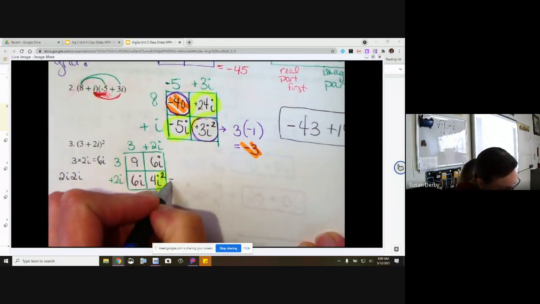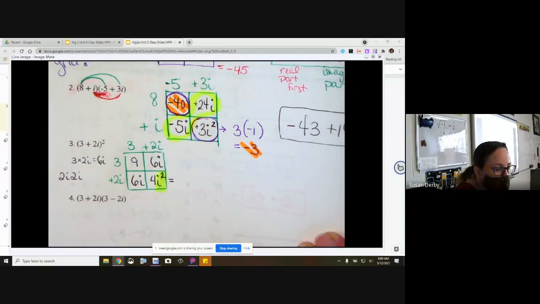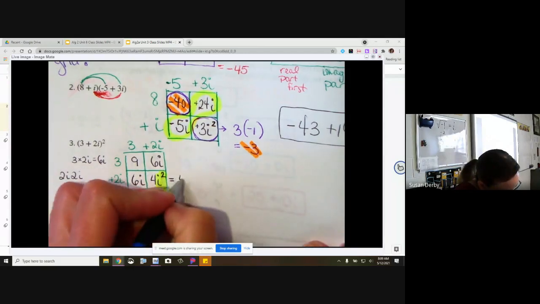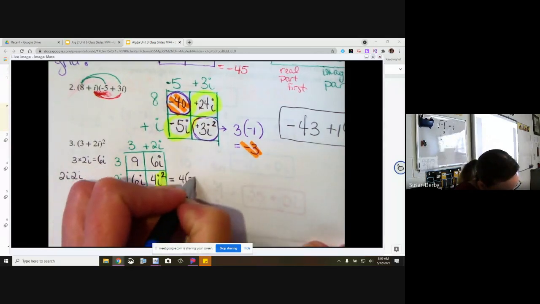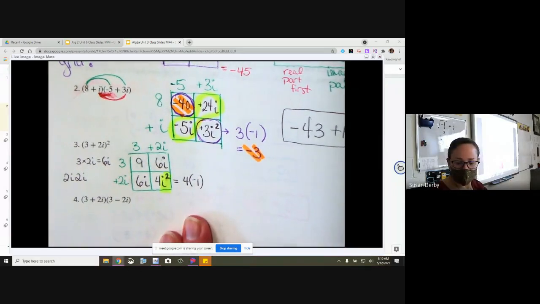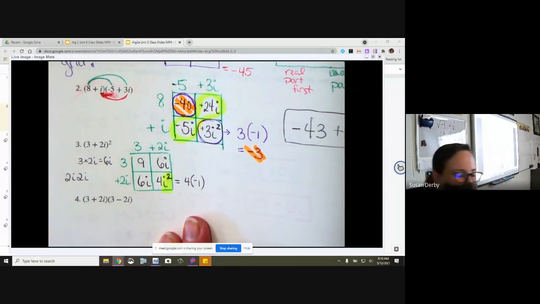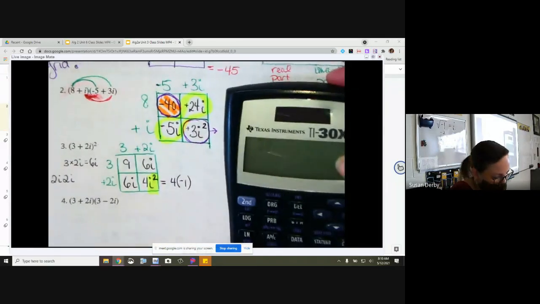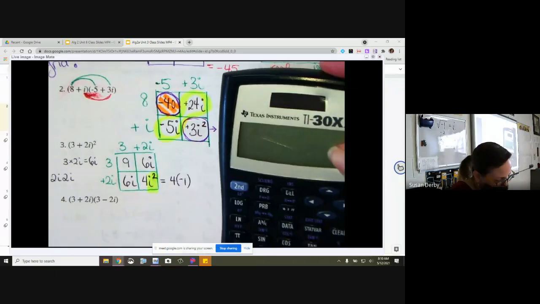So I like to just put my little equals sign right outside of the box because I need to think about how that 4i squared is really 4 times a negative 1. Now these are multiplying together. If you're not a multiplier in your brain, that's okay.